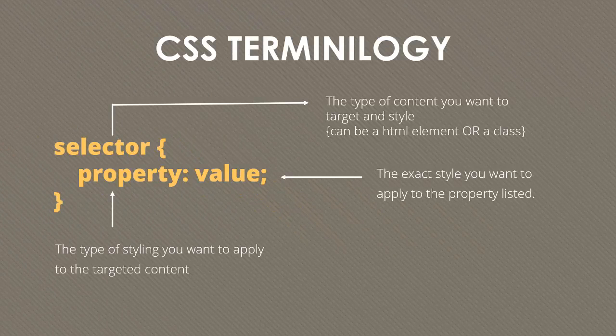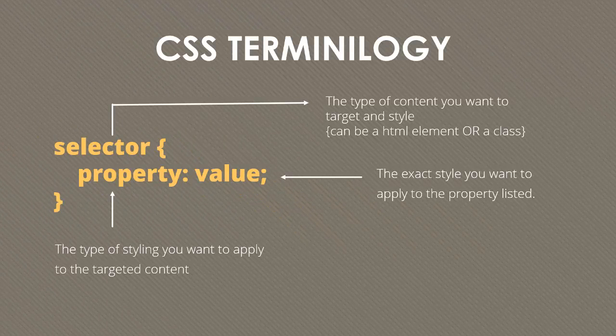Next is the property. Now this is the type of styling that you're going to apply to your HTML tag or class. So for example, it could be the font family or the color or adding a border. So the property is always followed by a colon and then a space. Okay, so that takes care of the selector and the property.